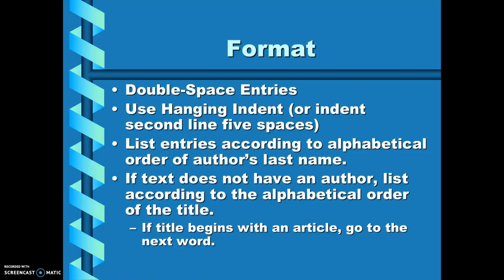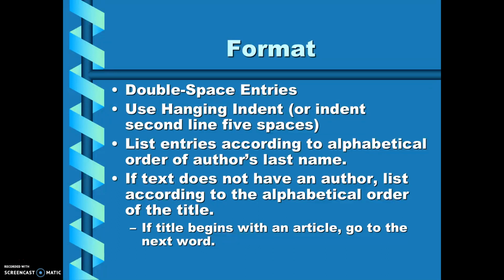So, a couple quick formatting notes. You should use double spacing throughout a works cited page. Apply what is called a hanging indent to all of the entries. That means any content beyond the first line of an entry will be indented half an inch.